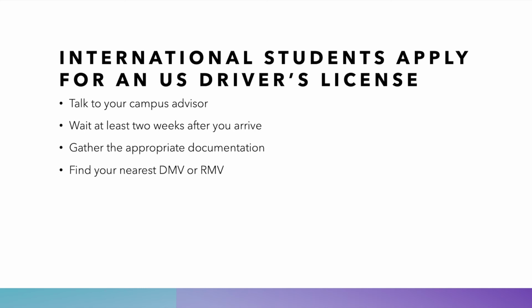It can take as many as 10 days after your arrival in the United States for your status in SEVIS to update. After that, it can take another 2 business days for local systems to update with your active status. So if you try to apply for a U.S. driver's license too soon, your application will be rejected. Waiting at least 2 weeks will give the system time to update.